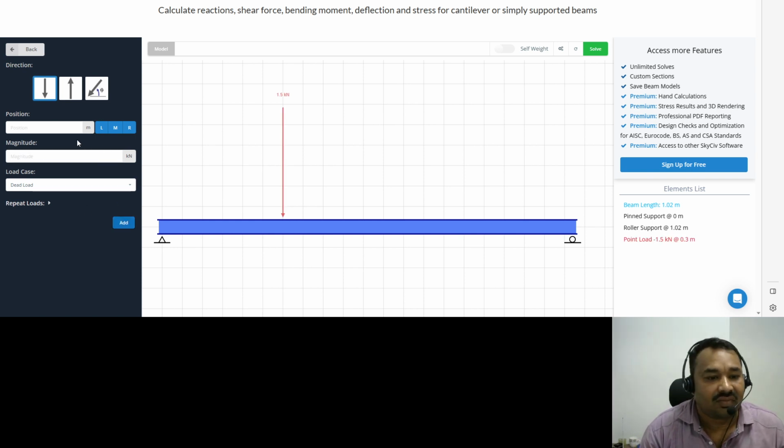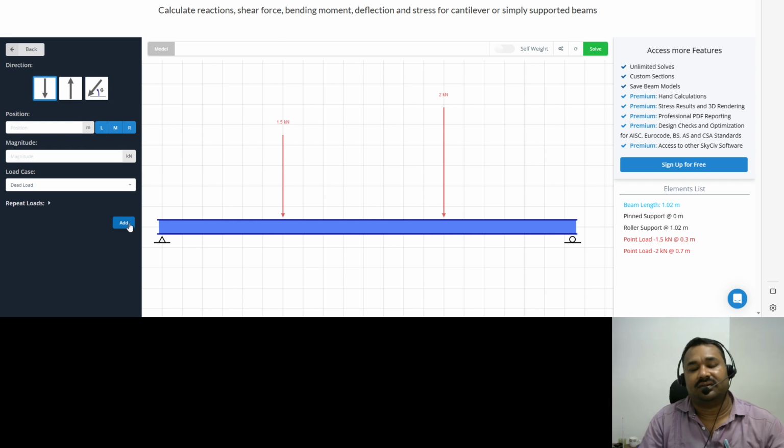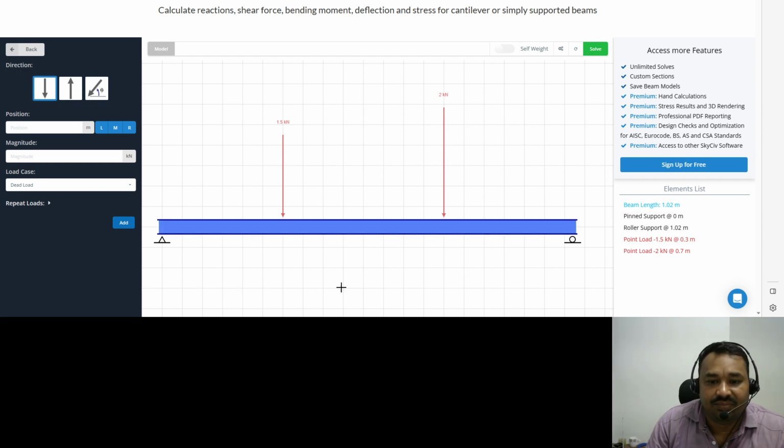And again a point load, suppose the value is 2 kilonewton at a distance of 0.7 meter from the end A. So in this way, now we have got the simply supported beam. There are two supports at the ends, and the 2 point loads are acting here.